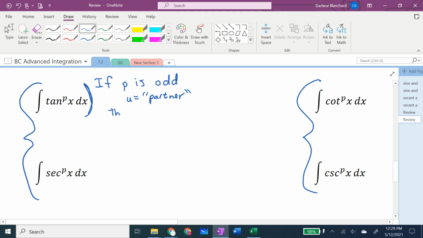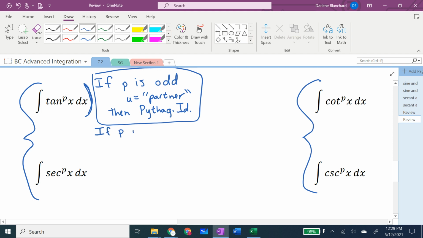Then we are going to use the Pythagorean identity. And in this case, which Pythagorean identity are we looking at? Tangent squared plus 1 equals secant squared. Still working with tangent, if p is even, do you remember what the go-to is if p is even on a tangent?